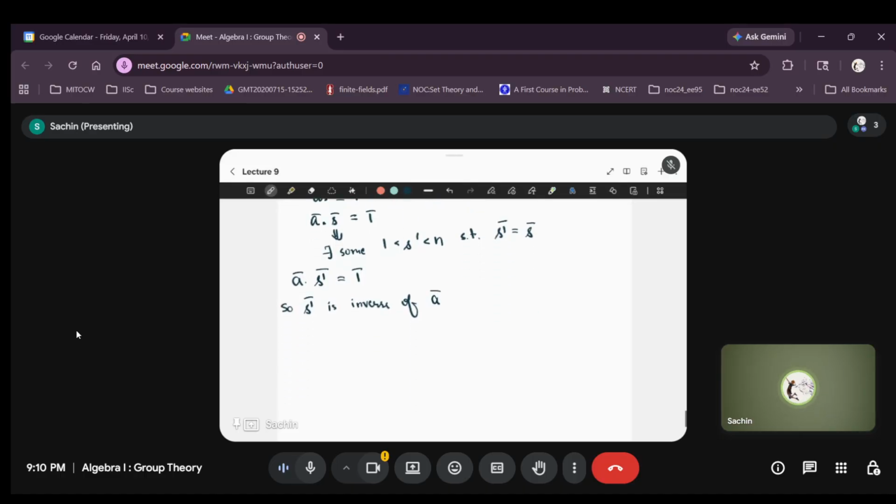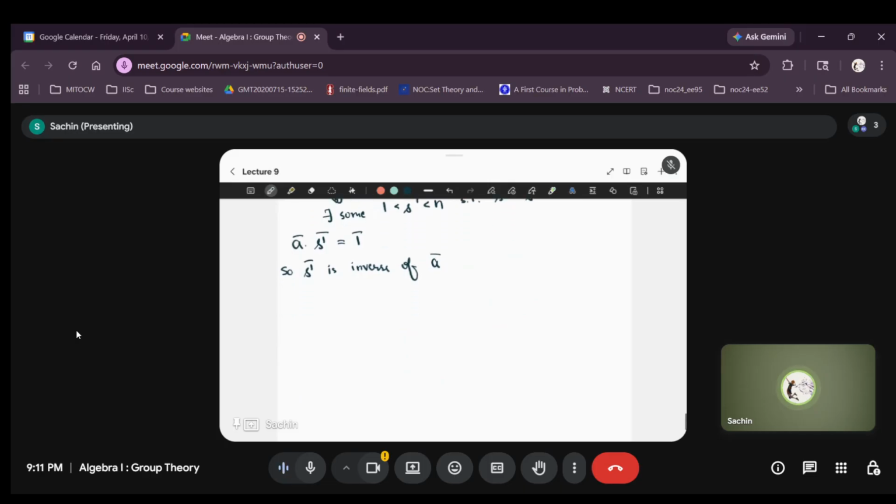Another proof would be like this. Another proof would be if you know that now we have shown that Z mod nZ is a ring, but if you can show that it is an integral domain.